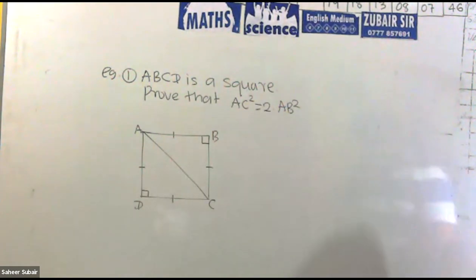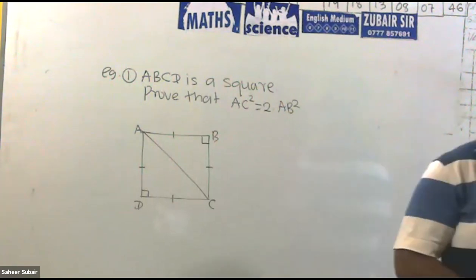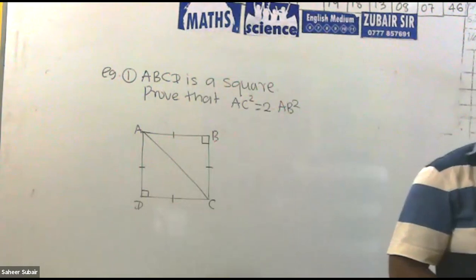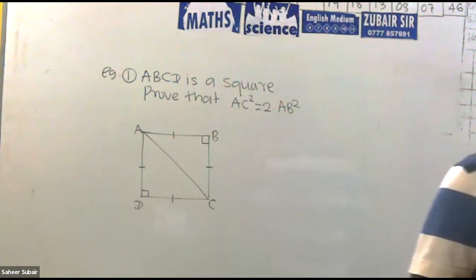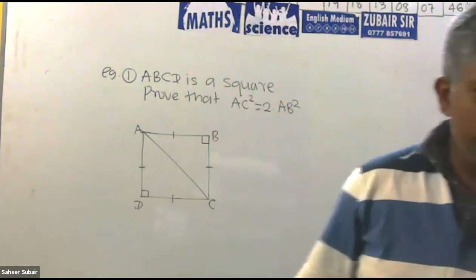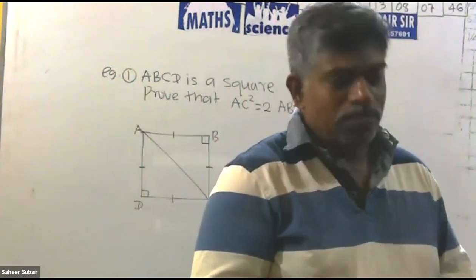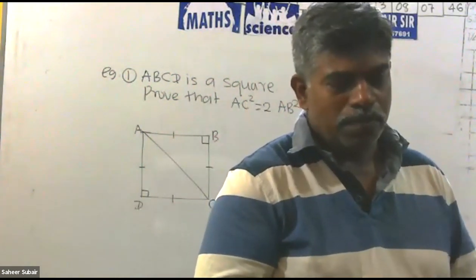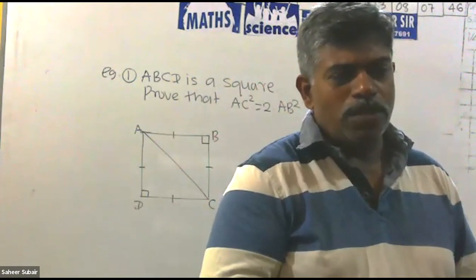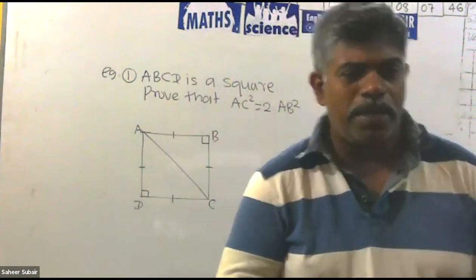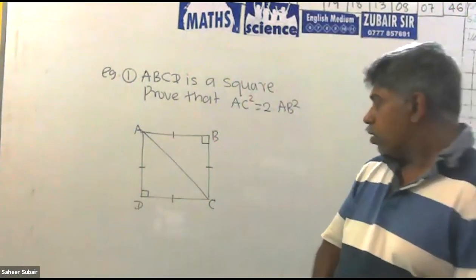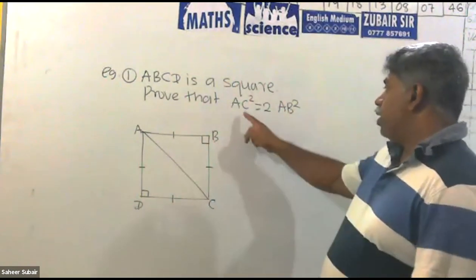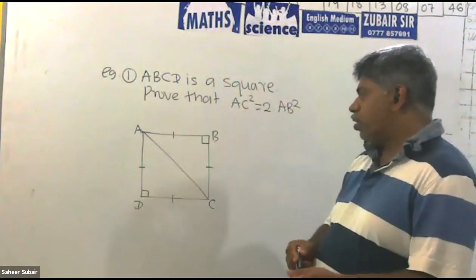Then proving AC squared. First we have to see the heading. Heading is Pythagoras theorem. So that means we have to use the Pythagoras theorem. Right? That is one identification. Second one, you have to see what are the sides connected in the proof. See AC, AB. AC squared equal to 2AB squared.